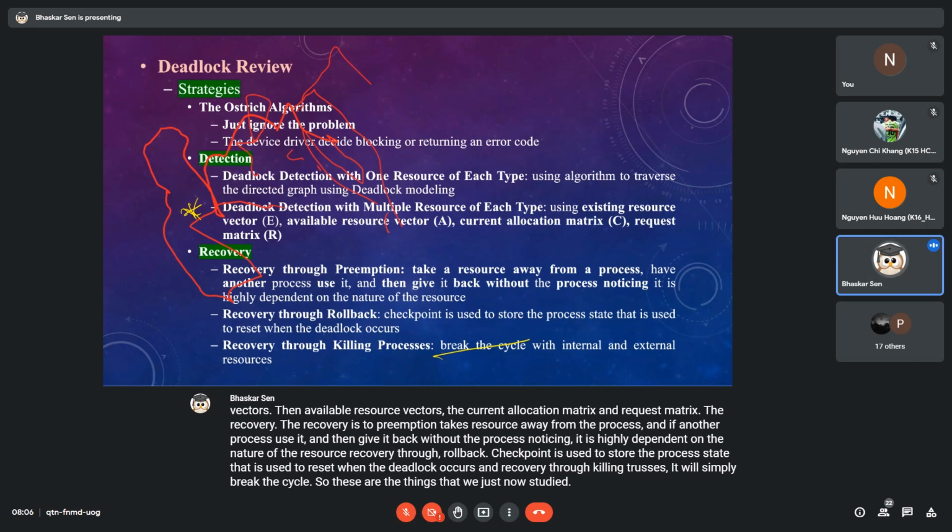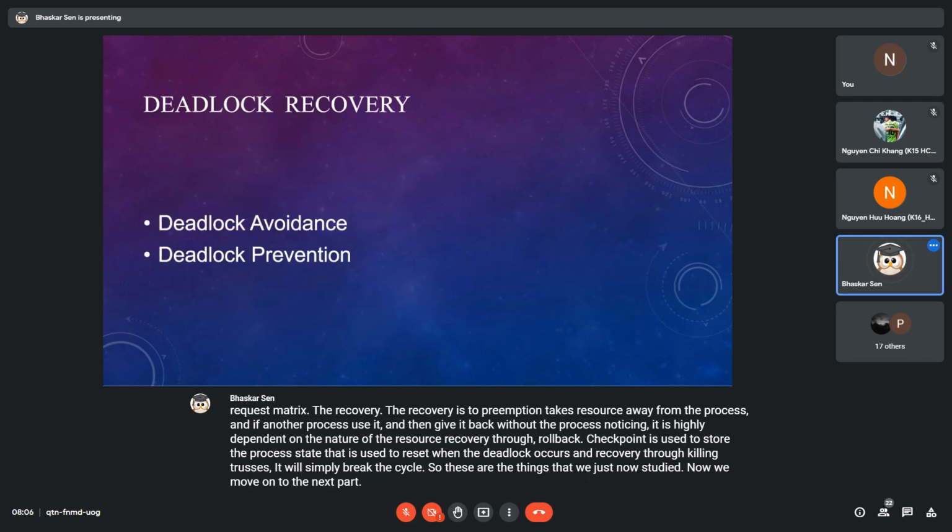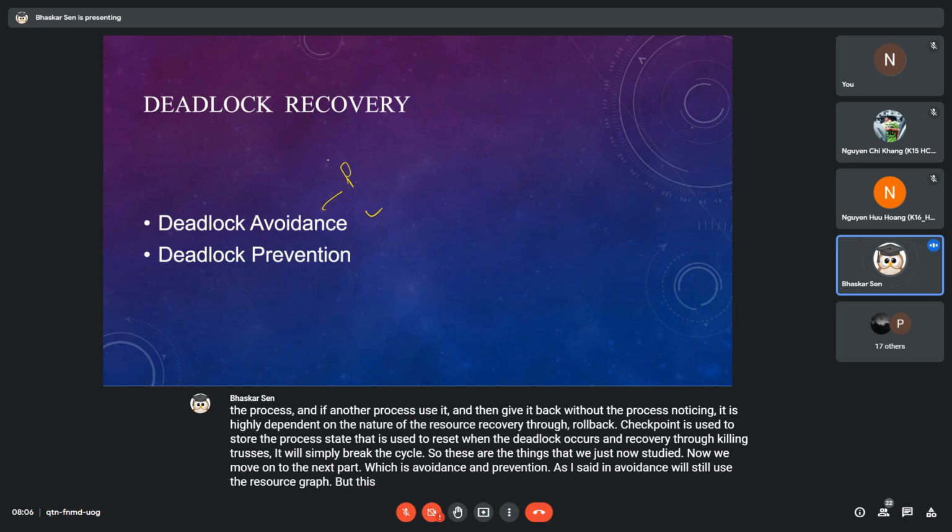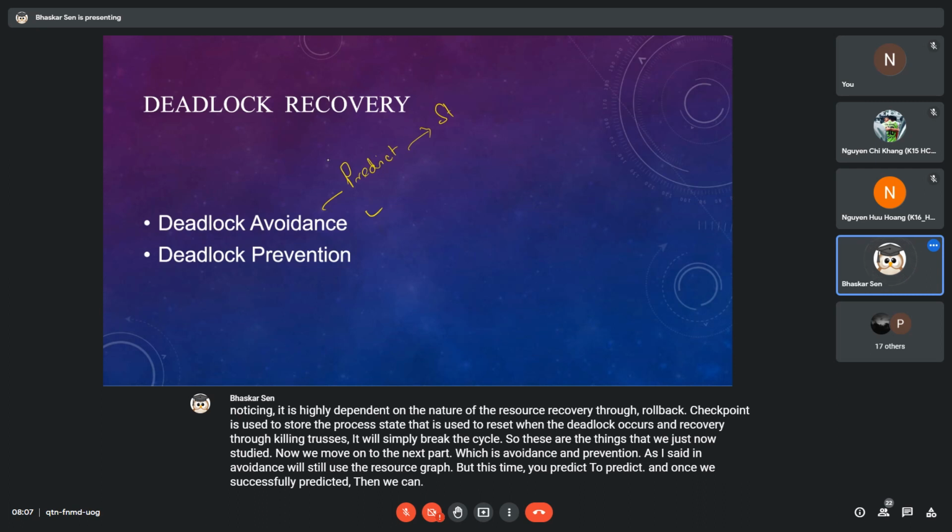Now we move on to the next part, which is avoidance and prevention. As I said, in avoidance, we'll still use the resource graph, but this time to predict. Once we successfully predict it, then we can stay safe.